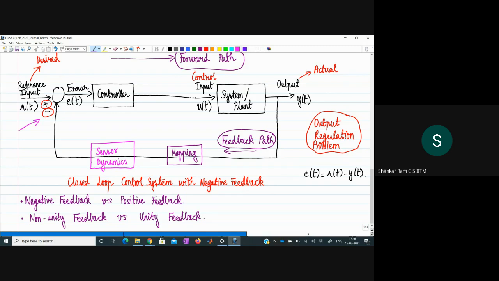Similarly, the controller may calculate some input, but that needs to be realized through an element called an actuator. Staying with the same example, to get a desired heading, I'm controlling my steering angle. Now, if I say, steer my steered wheels by another 2 degrees, I need to have some mechanism.